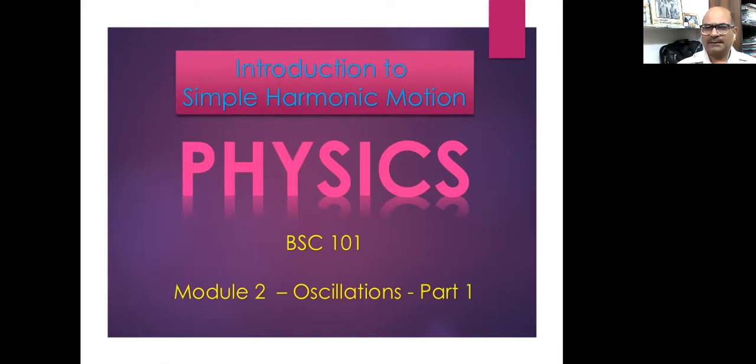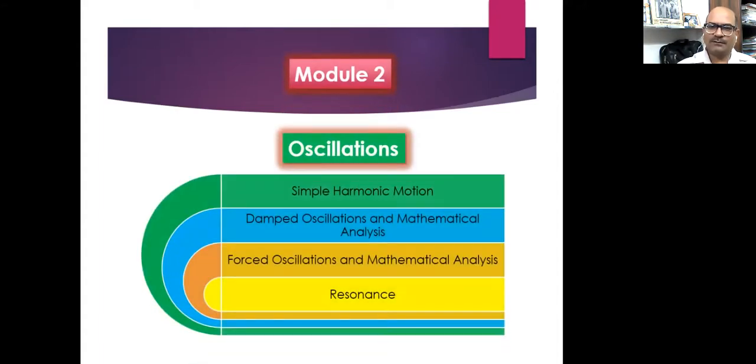And we will start with a very small definition of simple harmonic motion, as you can understand how it will work. So oscillations will comprise simple harmonic motion, damped oscillations and its mathematical analysis, then forced oscillations and mathematical analysis, and then later we will discuss resonance.